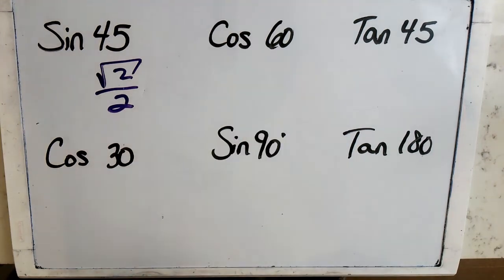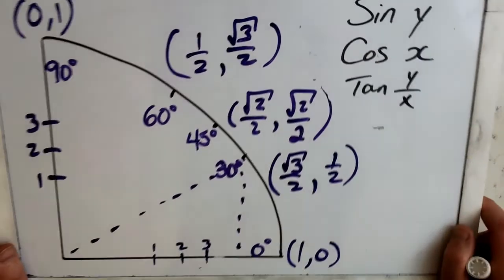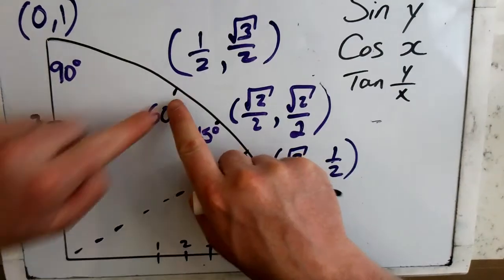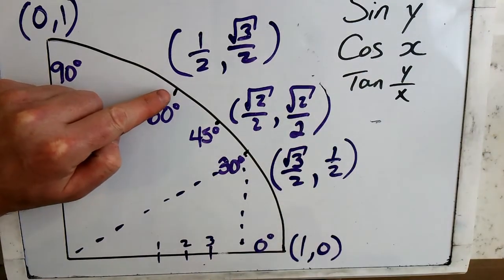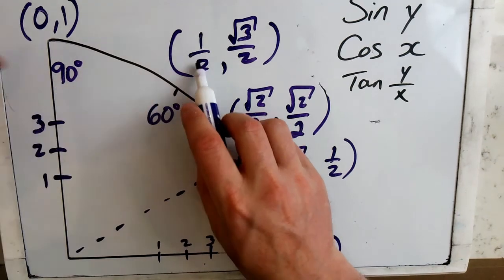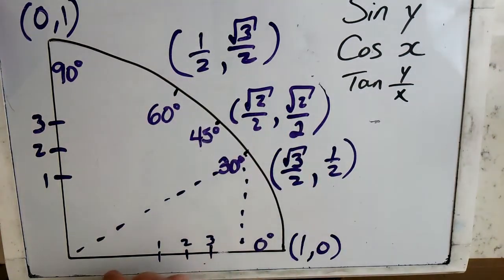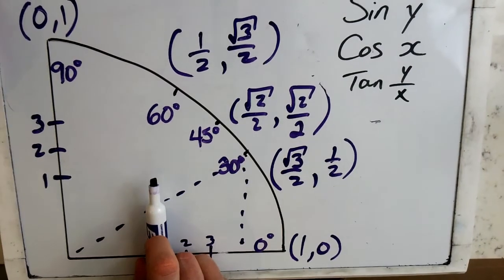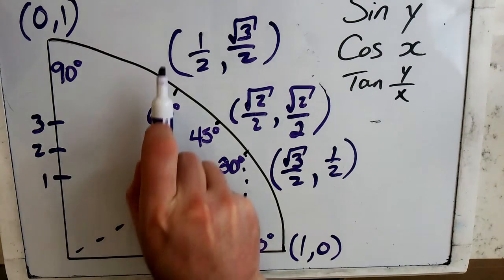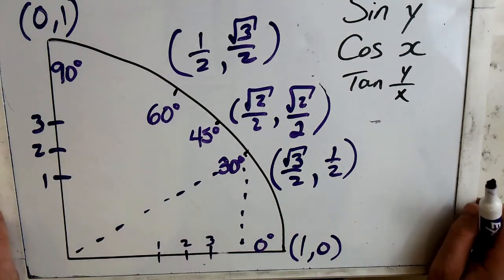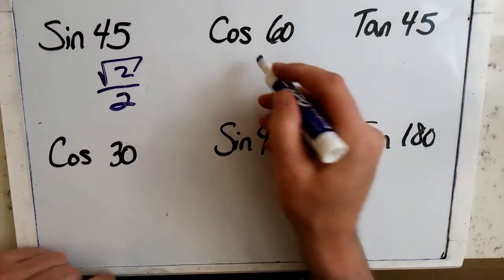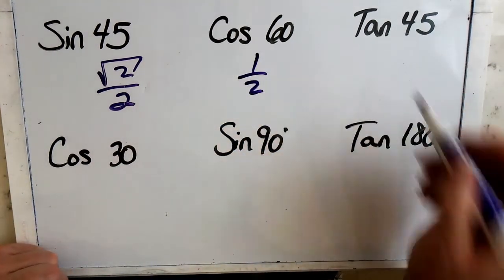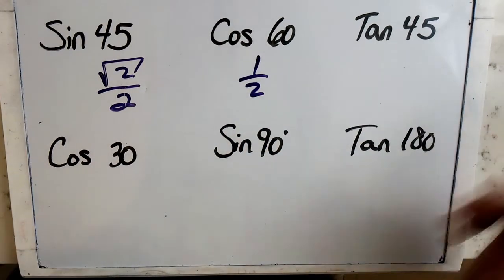So cos 60, go back to the unit circle. Cos of 60, cos is the x-coordinate. So the x-coordinate at 60 is 1/2. Another way to look at it is 60 is the first one along the x-axis. It's the smallest value of the three. And tan is the hardest one.